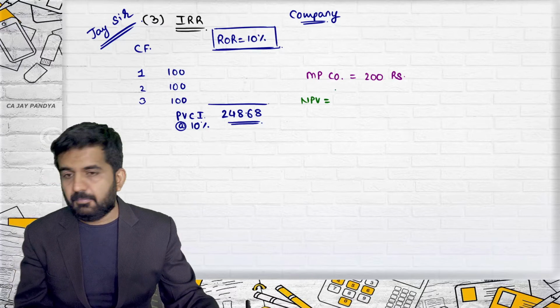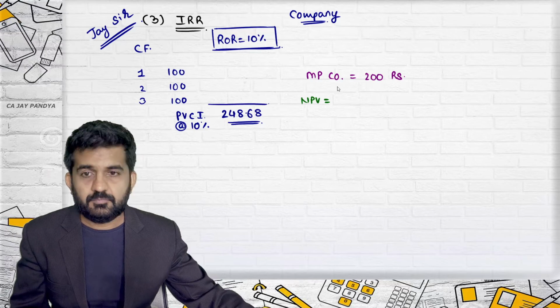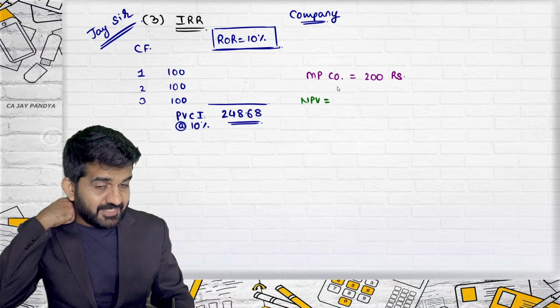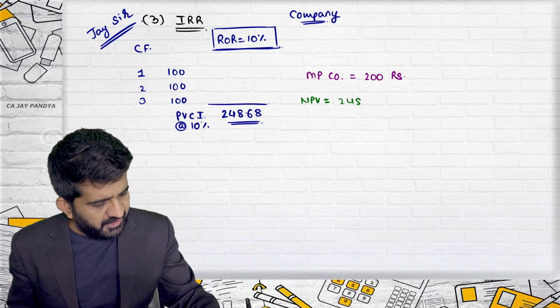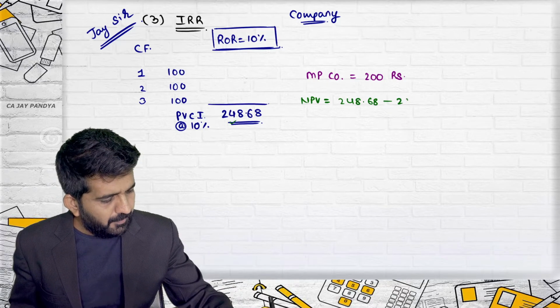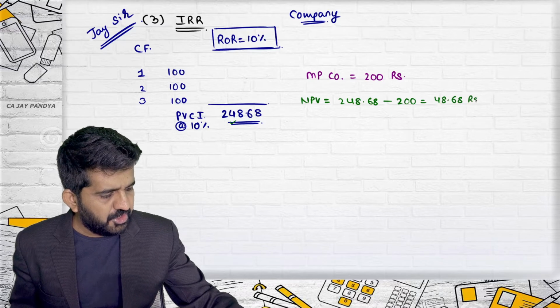Okay, I feel my speaker is not working properly. It is 48.68. How is it 48.68? 248.68 present value of cash inflow minus 200, that is 48.68.